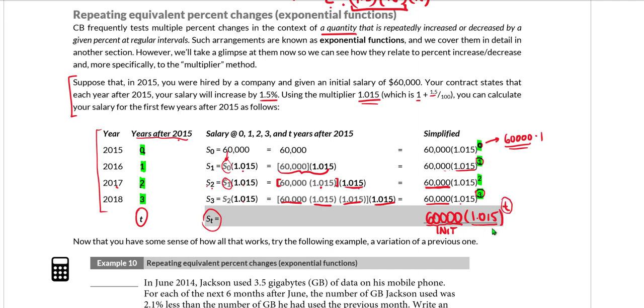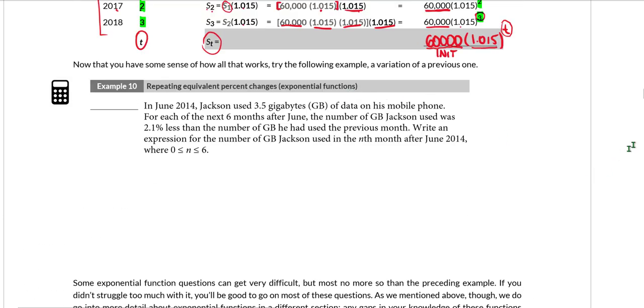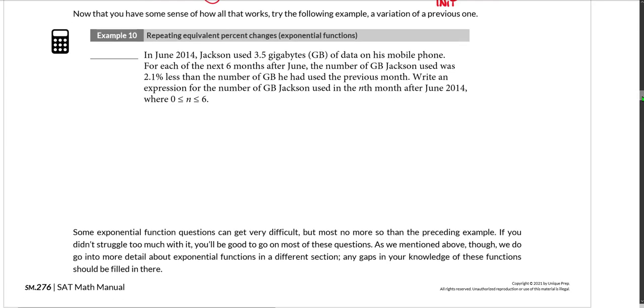We're going to do example 10. If you're comfortable with exponential functions and you understood everything we just did, maybe you were solid on exponential functions before, you should be able to do number 10 on your own. Go ahead and try it out if you would like. If not, watch me work through it. So here we have Jackson again using 3.5 gigabytes in June of 2014.